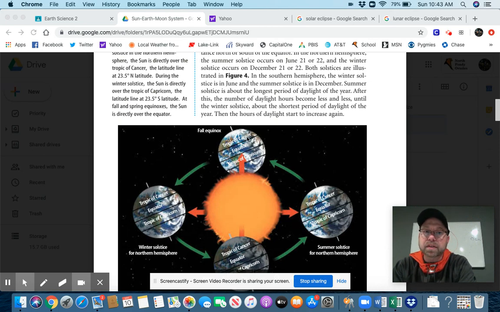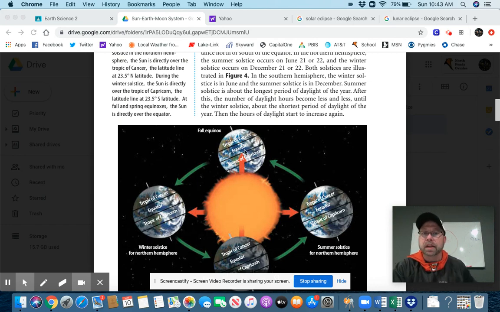So this would illustrate the fall equinox, and equinox has the root word equal, where there are approximately 12 hours of sunlight and 12 hours of darkness on these equinox days.